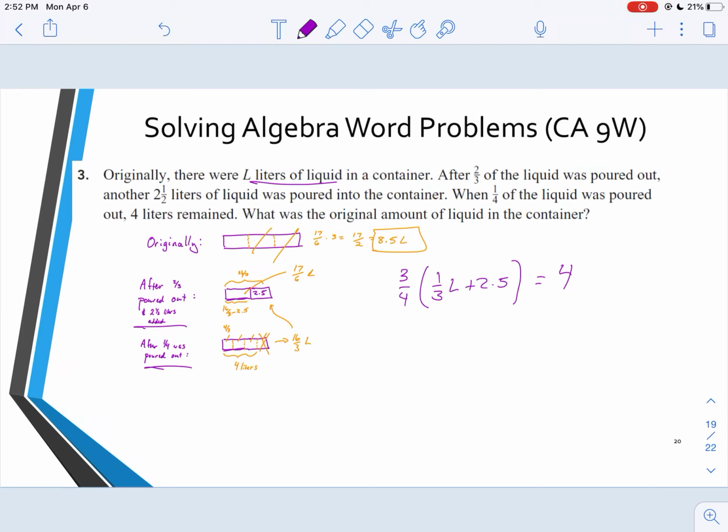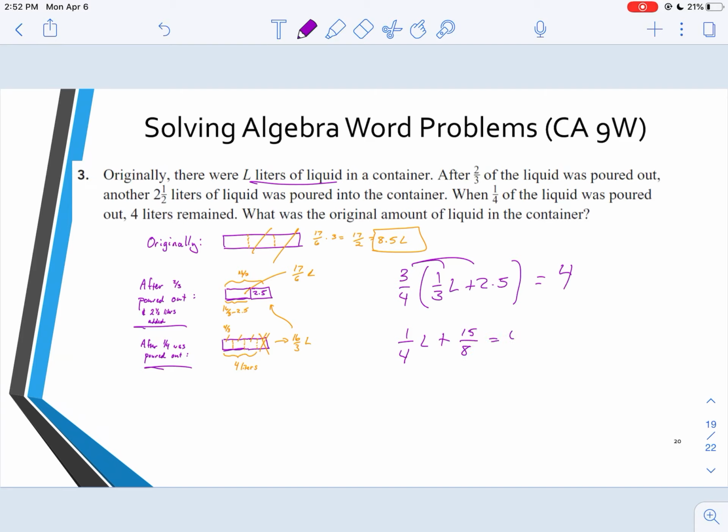And so now the question is how to solve this. A couple ways of doing this, however works for you. I suppose I'll distribute first. When I distribute, I get 1/4 L plus 3/4 of 2.5. I think I did this earlier, didn't I?